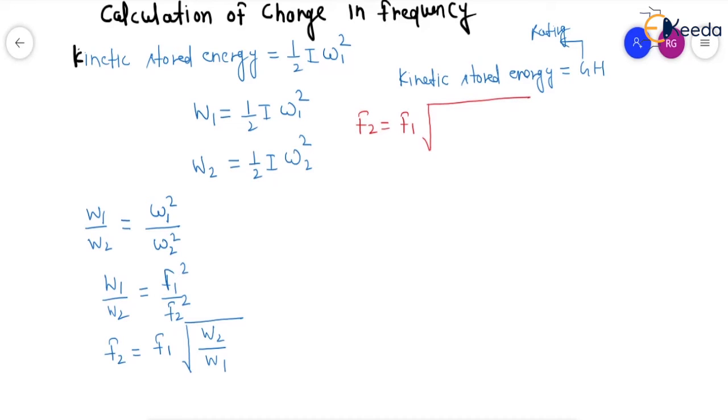When there will be a change in frequency, either that will increase or decrease in energy. So we can write W2 is equal to W1 plus minus delta W upon W1, this is energy basically, not the frequency. So now putting the value, F2 is equal to F1 in bracket GH plus minus delta W upon GH.